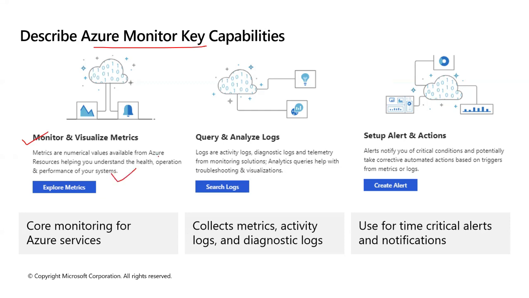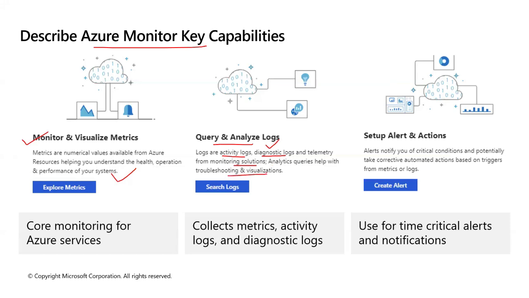And you can query and analyze the logs. That means activity logs and diagnostic logs. We have enabled diagnostic logs if you remember. You can see the activity logs, diagnostic logs, and telemetry from monitoring solutions. Analytics queries help you to troubleshoot and visualize that.